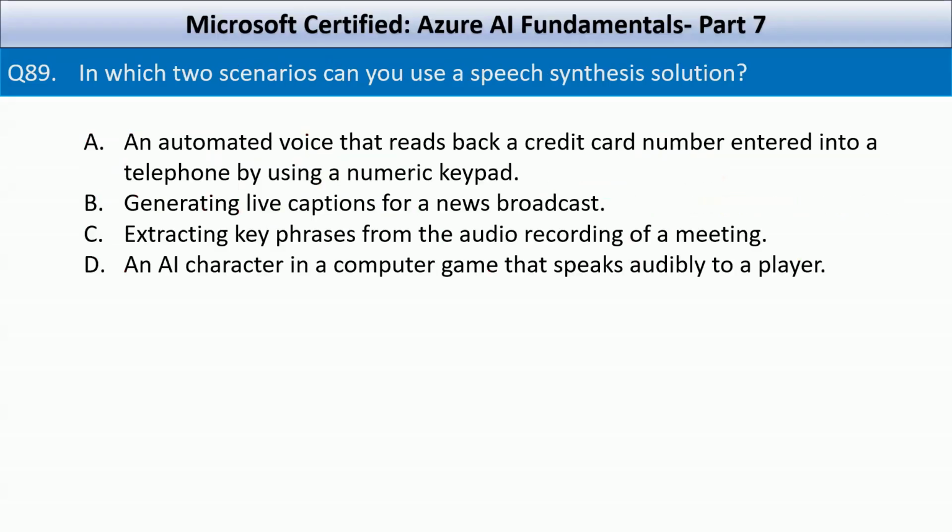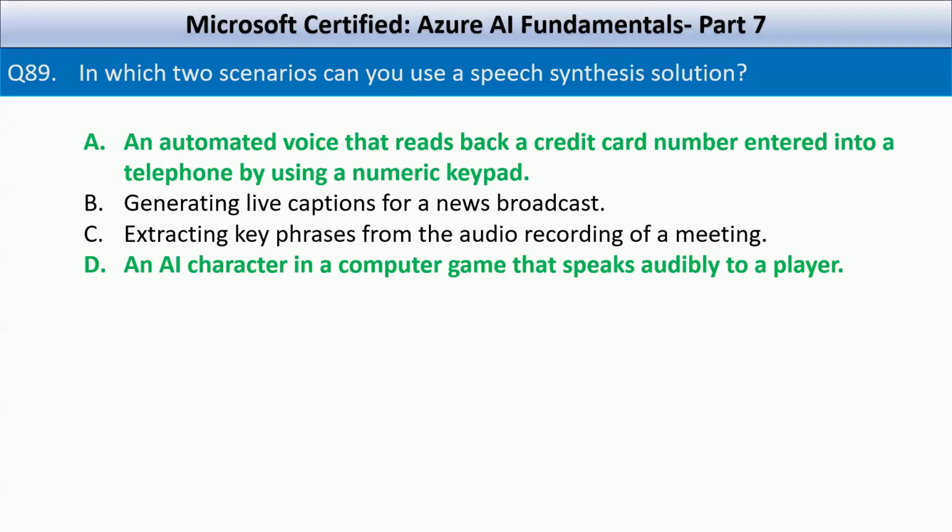Next question. In which two scenarios can you use a speech synthesis solution? Your options are an automated voice that reads back a credit card number entered into a telephone by using a numeric keypad, generating live captions for a news broadcast, extracting key phrases from the audio recording of a meeting, an AI character in a computer game that speaks audibly to a player. Now, folks, the two correct answers are now on your screen.